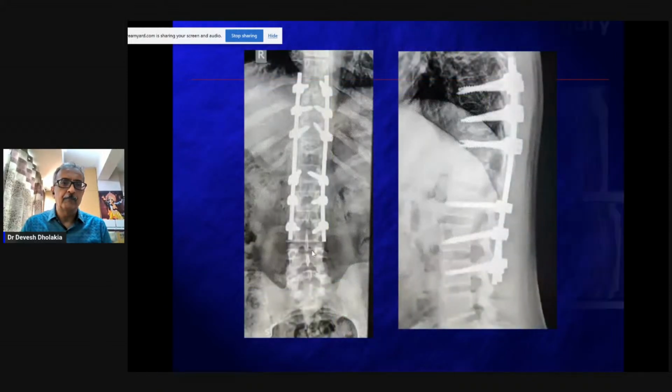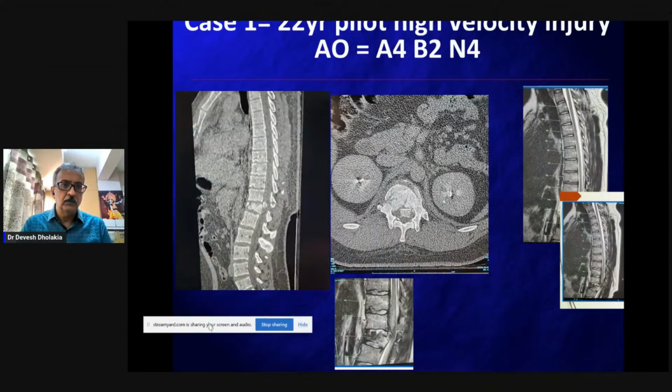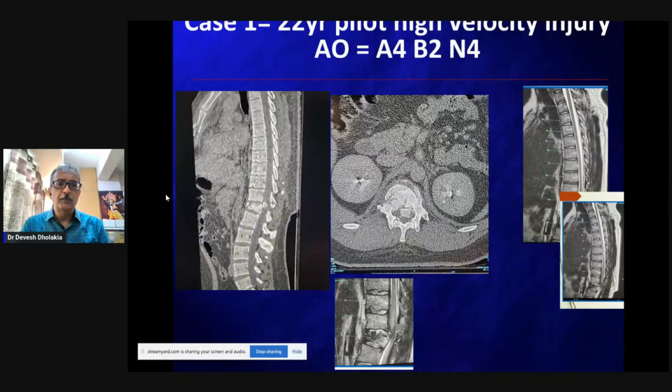Another case, a 22-year-old pilot who had a high velocity injury. He had a K4, B2, N4 type of injury, that is an incomplete spinal cord injury. You can see that there is compression of the vertebral body at D12, and there is a fragment pressing on the spinal cord, giving rise to the deficit.